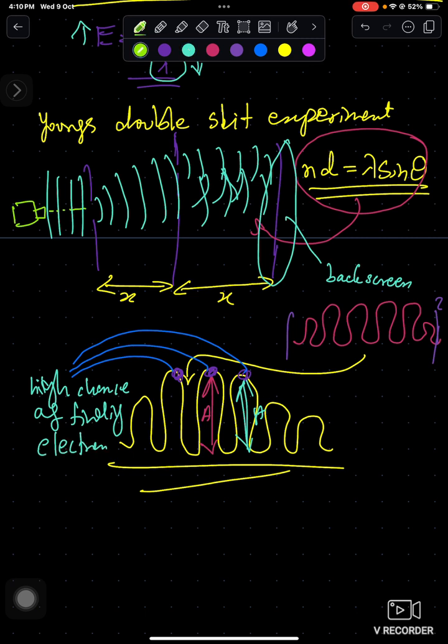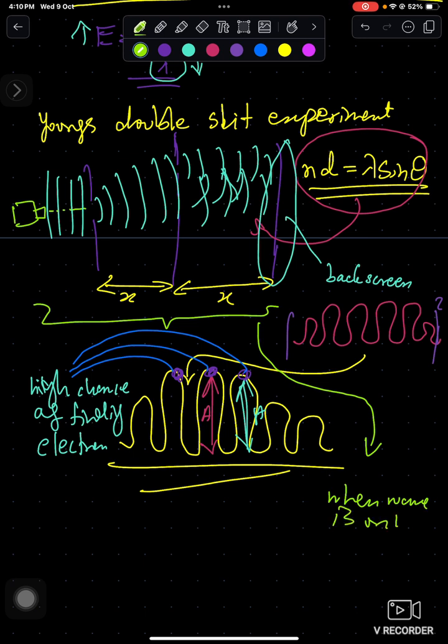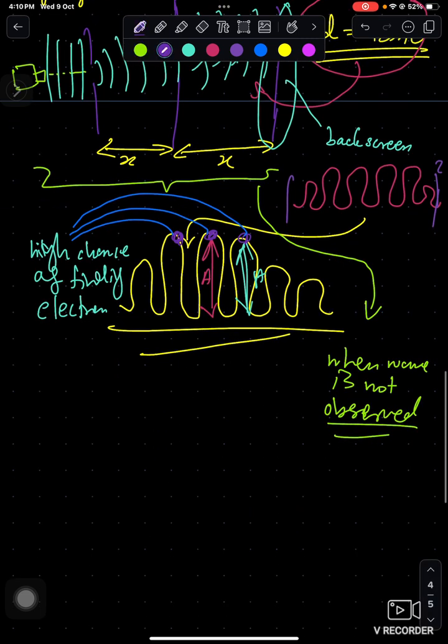But again, the wave nature is only present when it is not observed. What you will see as fringes on the screen.